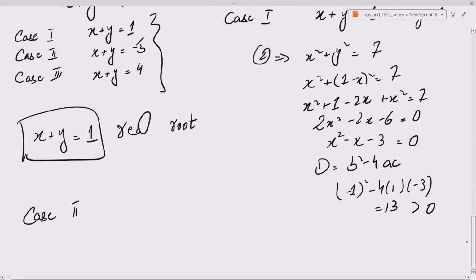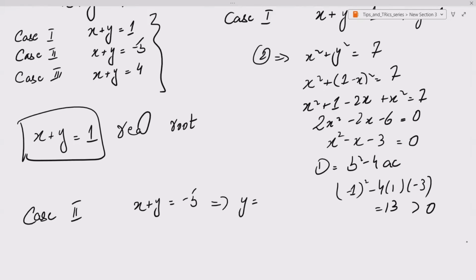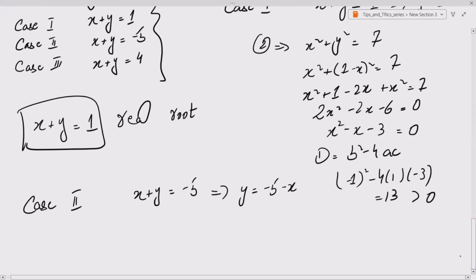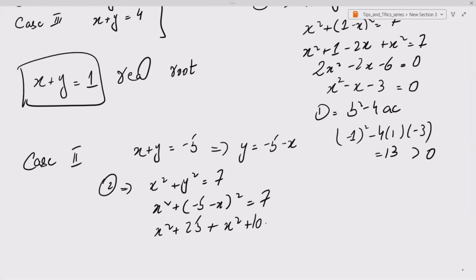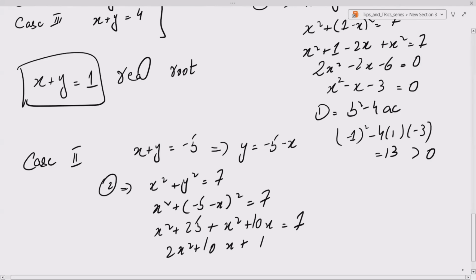So case 2, we have x plus y equals minus 5, which means y equals minus 5 minus x. Let's put it in. Again, our equation 2 is x square plus y square equals 7. So x square plus minus 5 minus x whole square equals 7. When you open it, you get x square plus 25 plus x square plus 10x equals 7, and we get 2x square plus 10x plus 18 equals 0.